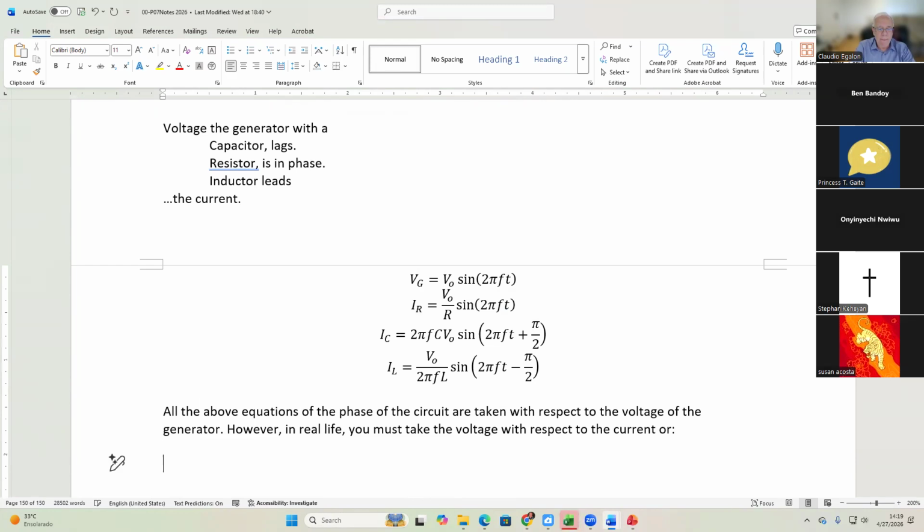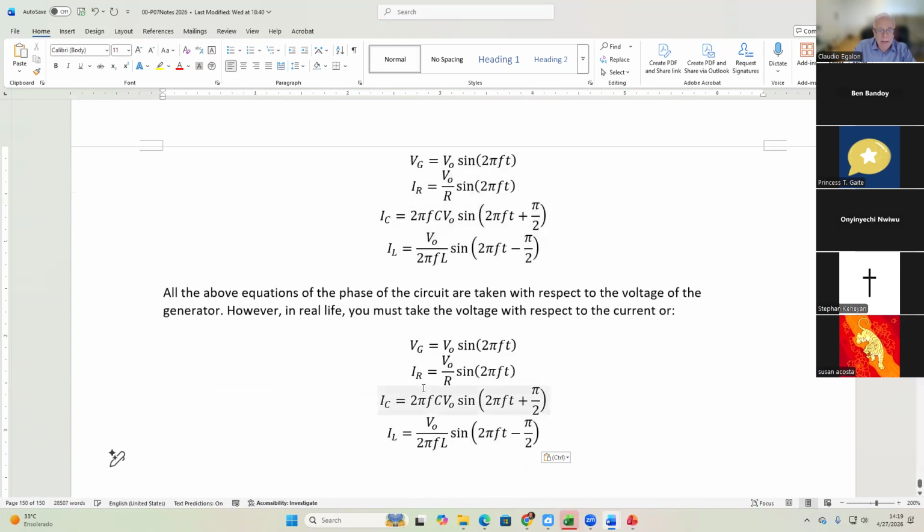I'm going to write that down. Here you go. Like that. Here is going to be the current of the circuit, I naught sine 2 pi ft. And here is going to be the voltage of the circuit with a resistor.